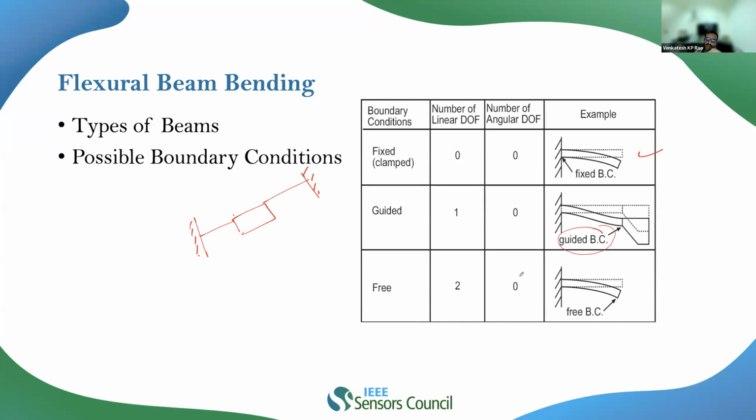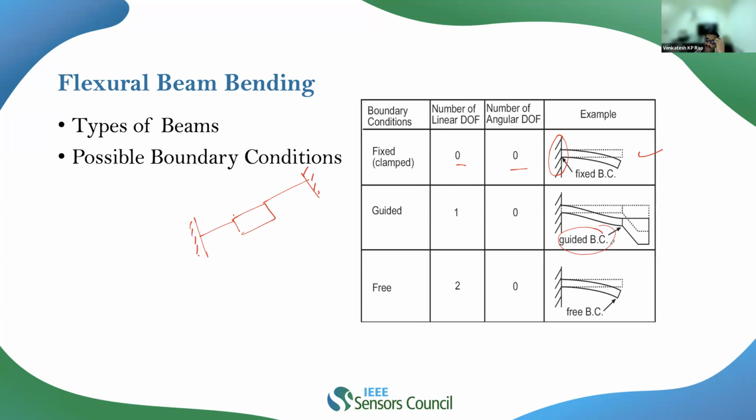So this becomes a guided support. When it is a fixed support, it can neither undergo translations nor rotation, right? So it has 0 translational degrees of freedom and 0 rotational degrees of freedom.